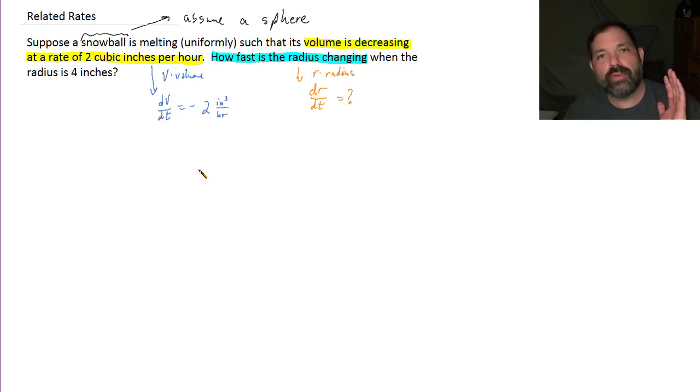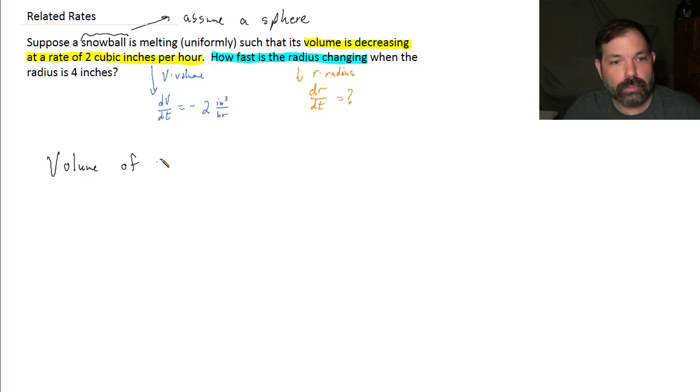Let's assume that we have a perfect sphere, because then I can bring in some knowledge from geometry. If we have a perfect sphere, then I know that the volume of a sphere is given by V equals 4/3 pi r cubed. I know that from geometry.